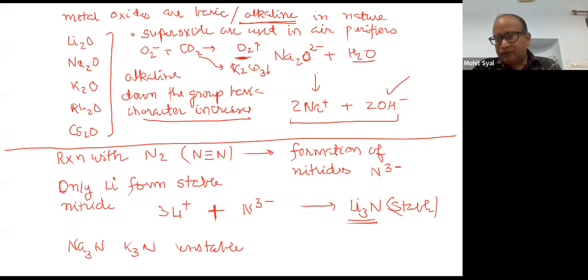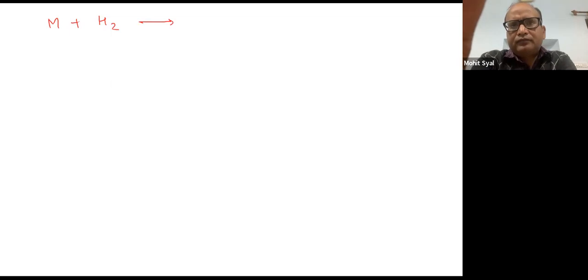Shall I proceed to the next slide? Yes, sir. Okay. So now you have oxides, then you have hydrides. When alkali metals react with hydrogen, they form hydrides.